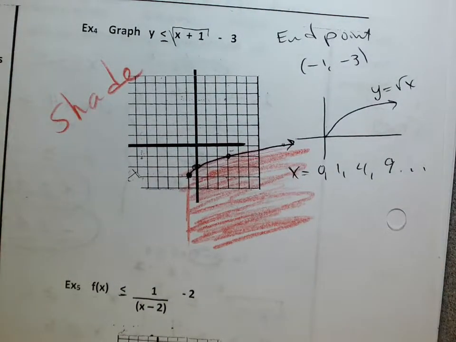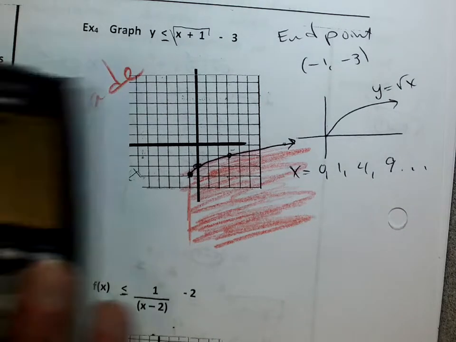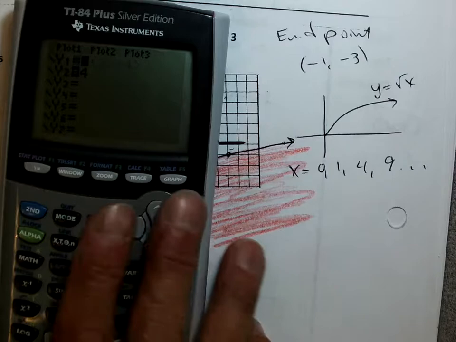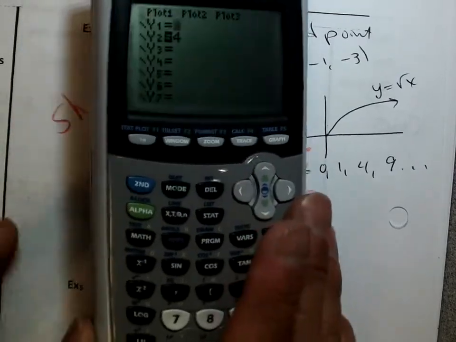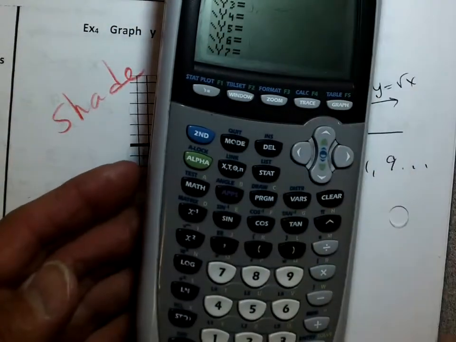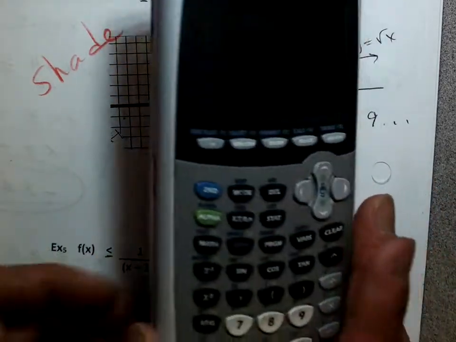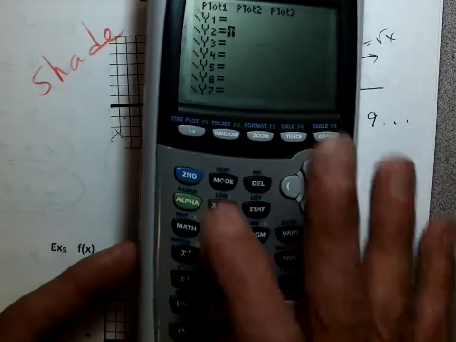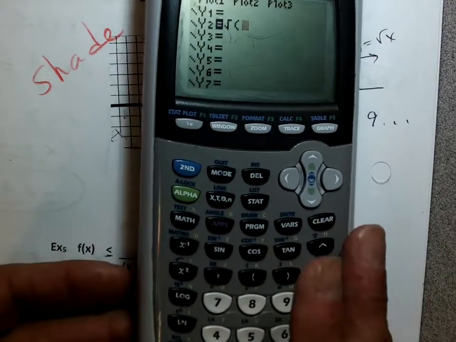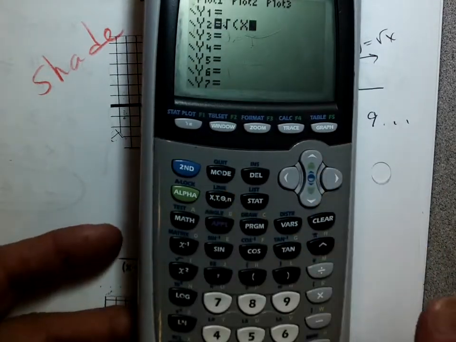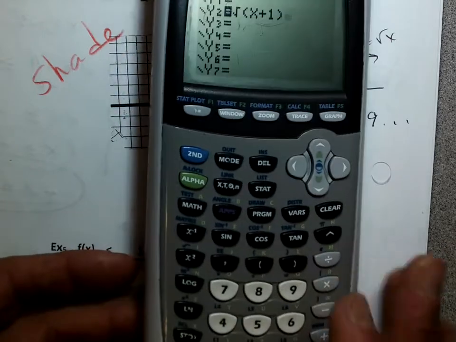Now, our calculators can shade for us. They really can. So if we go to our calculator, I'm going to type this in. Let me put that where you can see it. Everybody see that? There you go. I'm going to type in the square root of x plus 1, subtract 3.